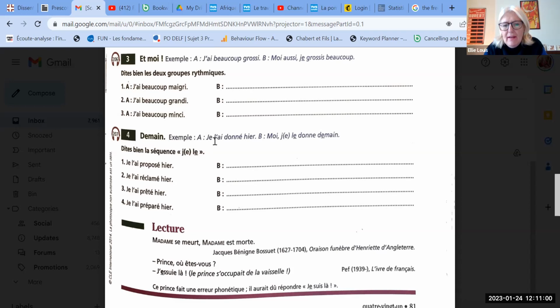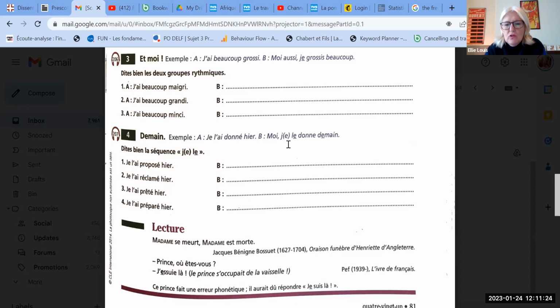So je l'ai, je l'ai. Now you might think, oh, hold on, there's that les if you were hearing it, but it's actually a pronoun in a past participle, in a passé composé sentence here. So je l'ai donné hier. Je l'ai donné hier. I gave it to him or to her yesterday.